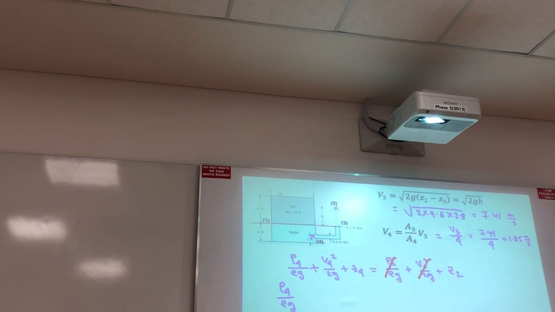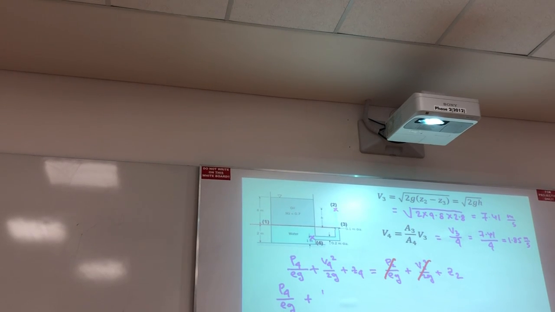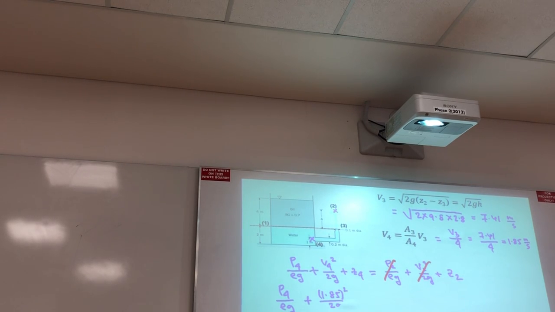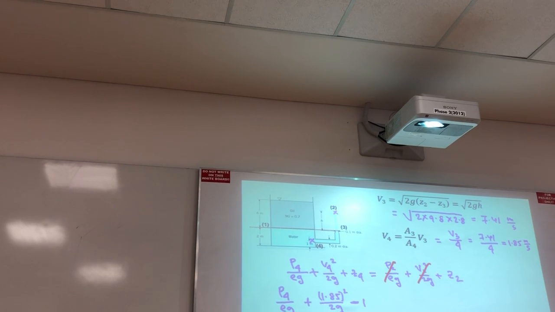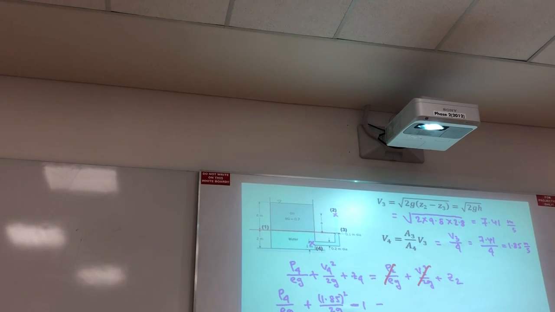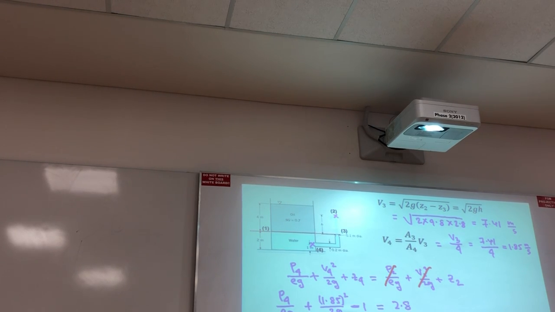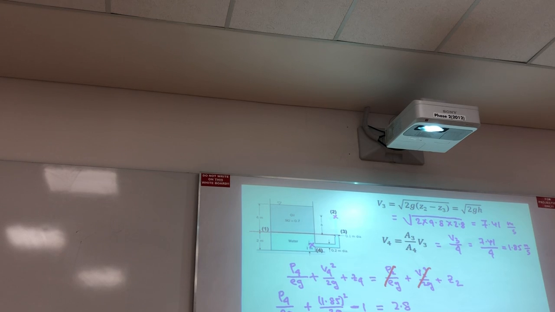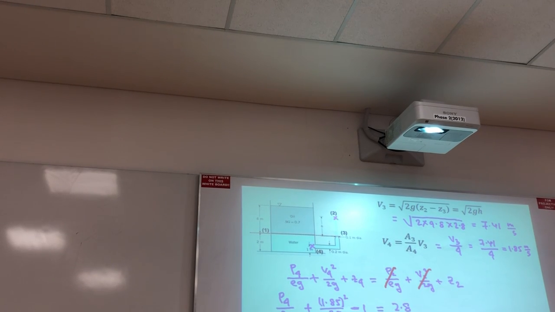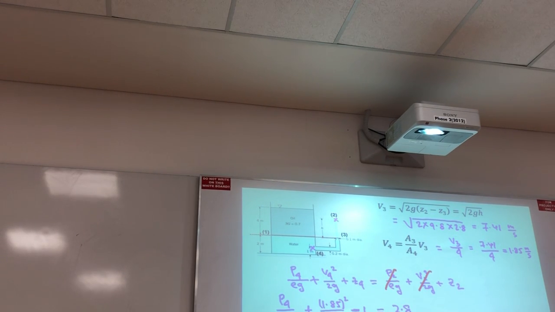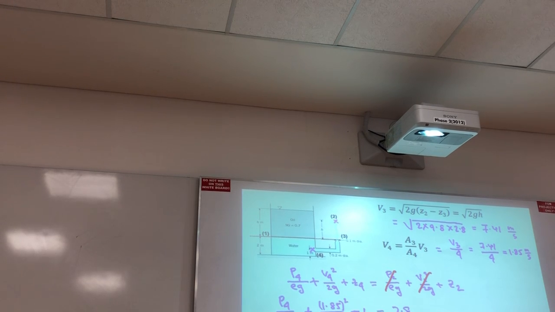V4 is 1.85, right? 1.85 square by 2G. What is Z4? Minus 1, right? Z4 is minus 1. Z2 is 2.8. Then I can write P4 by rho G is equivalent to 2.8 plus 1 minus 1.85 square by 2 times 9.8. Correct.